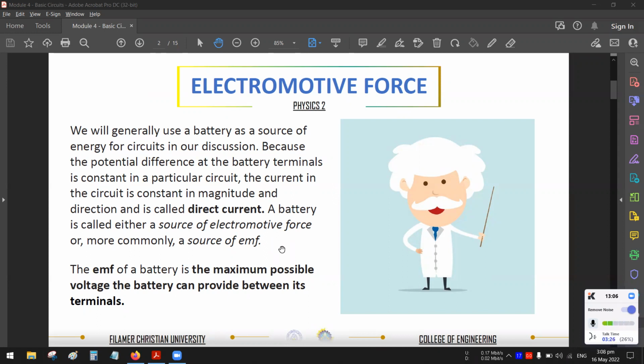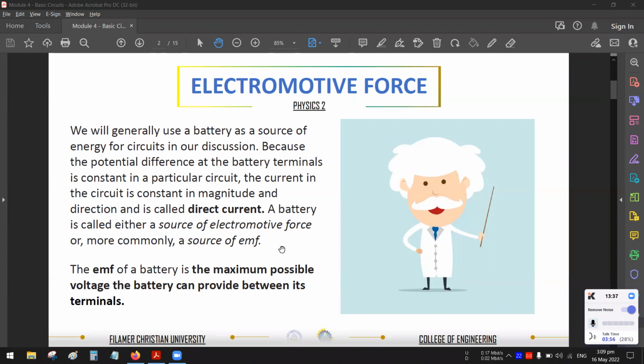So we have two terminals, right? The negative terminal and the positive terminal. You can think of a source of EMF as a charge pump. When an electric potential difference exists between two points, between its terminals, the source moves charges uphill from lower potential to higher potential, meaning from negative to positive.